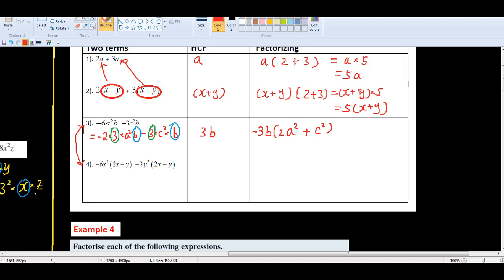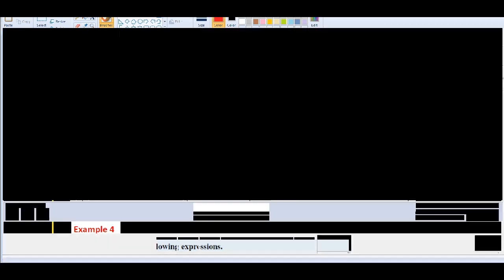Try to think about the relation between 1 and 2, and try to work out a relation between 3 and 4, and try to apply the concept that sometimes a bracket of a binomial, such as x plus y, could be a common factor. Take some time to think about this.